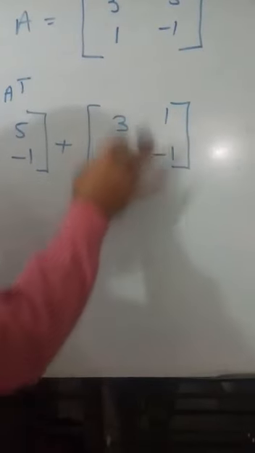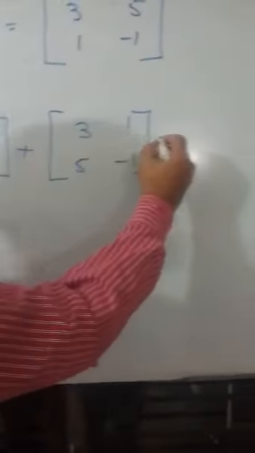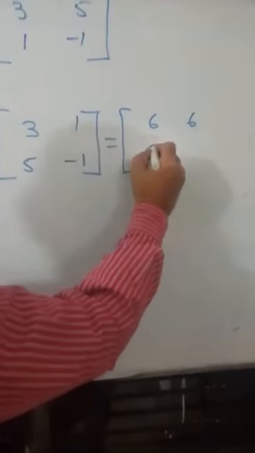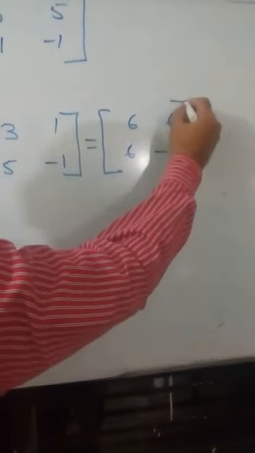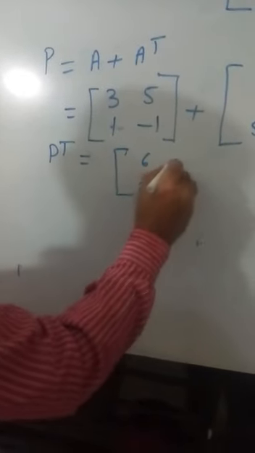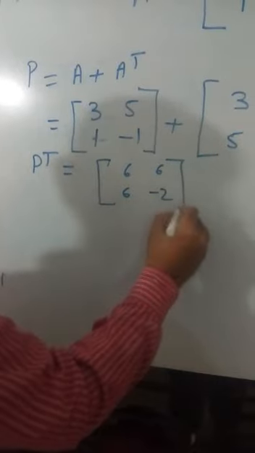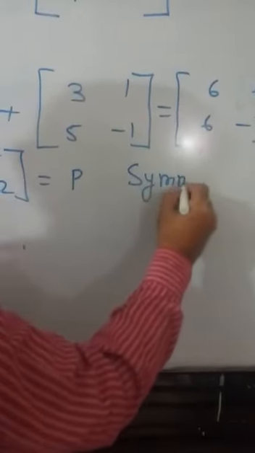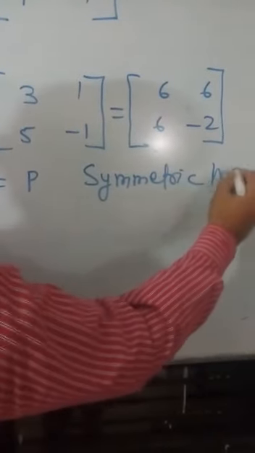Adding these matrices, it becomes 6, 6, 6 and minus 2. Now, the transpose of P becomes 6, 6, 6, minus 2. It is the same as P. That means it is a symmetric matrix.